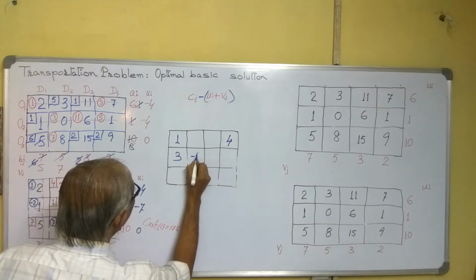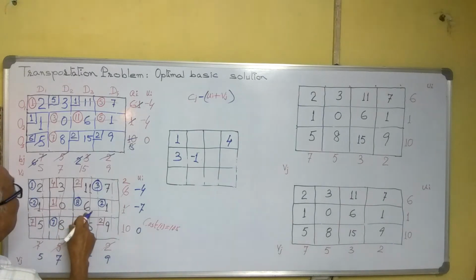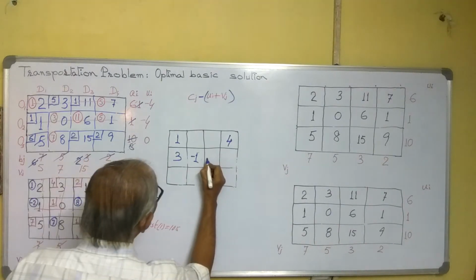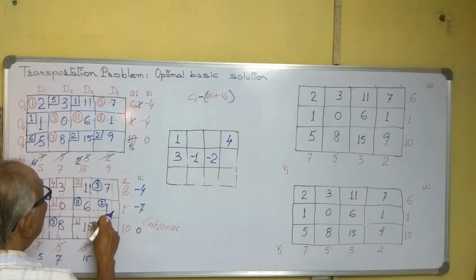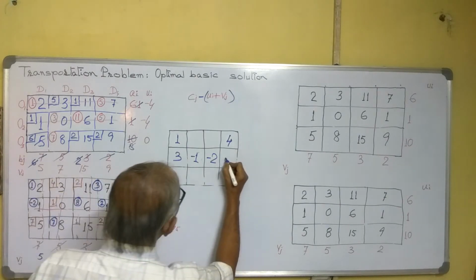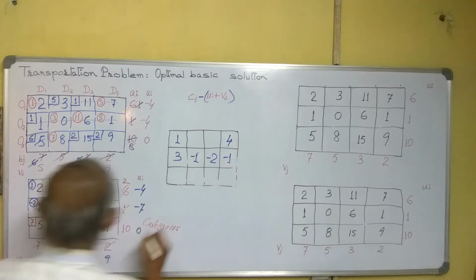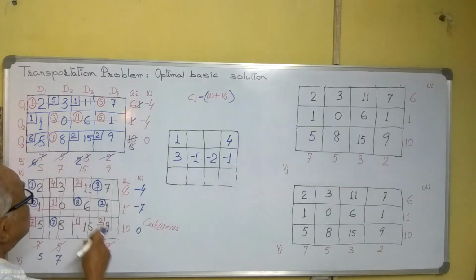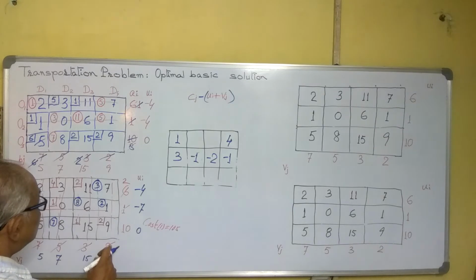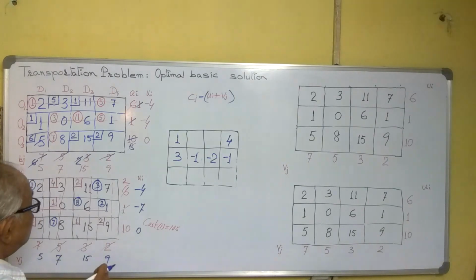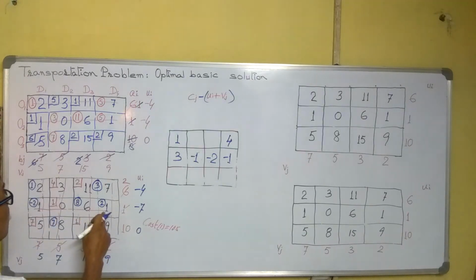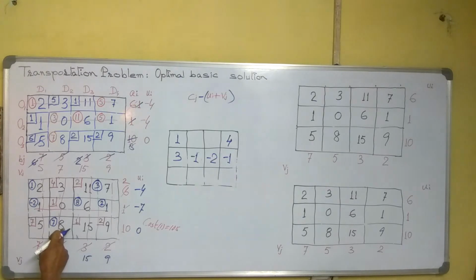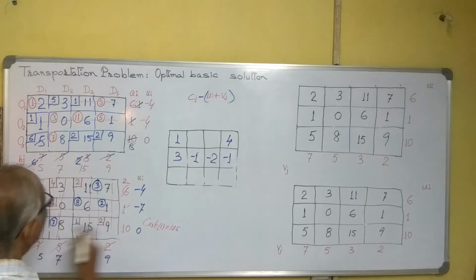It becomes minus 1. 6 minus 8 becomes minus 2. 1 minus 2 is minus 1. And here it is 8 minus 7 is 1.